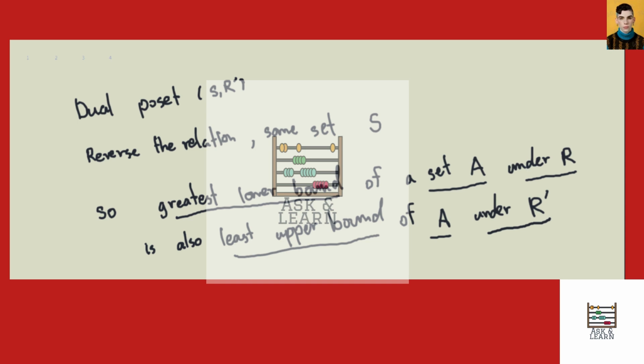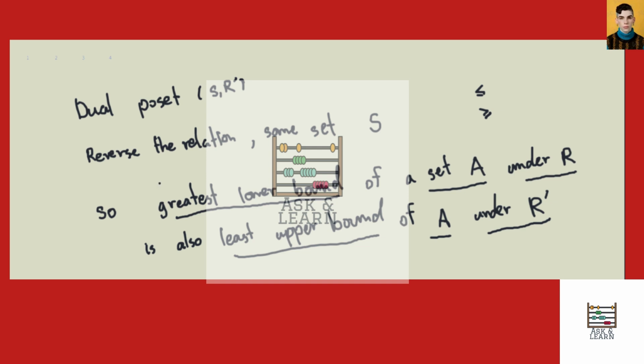If you think about it a bit, you will see that this is the case. We just reverse the greater or lesser sign everywhere. And so the greatest lower bound becomes the least upper bound.